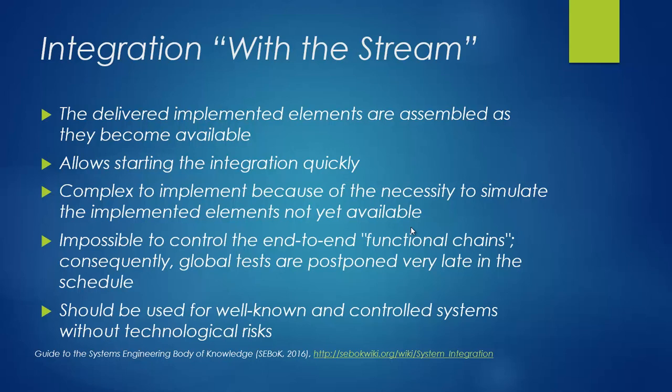It will be impossible to control the end of the end-to-end functional chains. Consequently, global tests are postponed very late in the schedule until all elements are available or are connected. This technique should be used for well-known and controlled systems without technological risks.